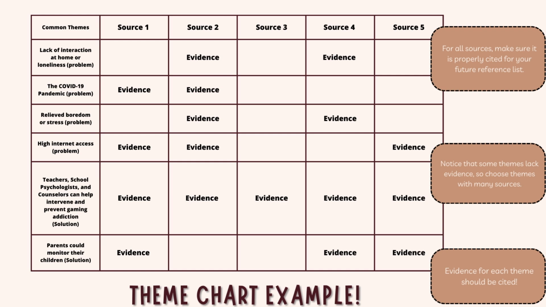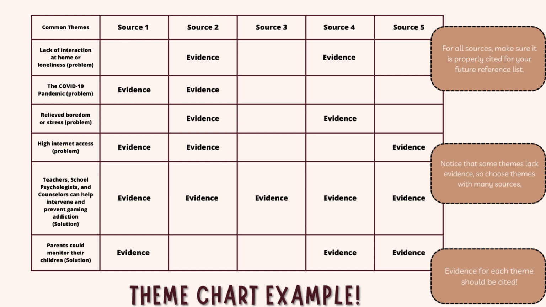And that would probably be best when you're coming up with your theme chart and you notice that some themes only have one source or 2 sources. Maybe it would be more ideal to have 3 sources so you can get various ideas on the topic.